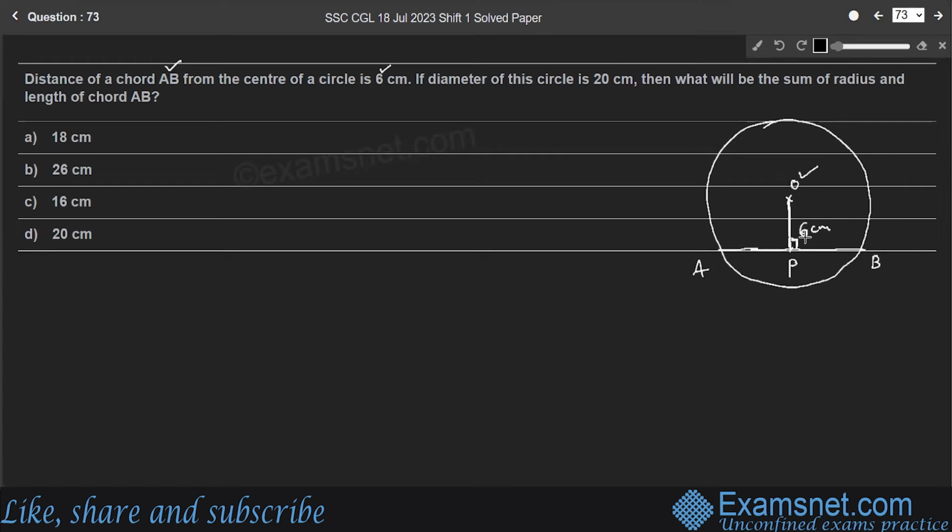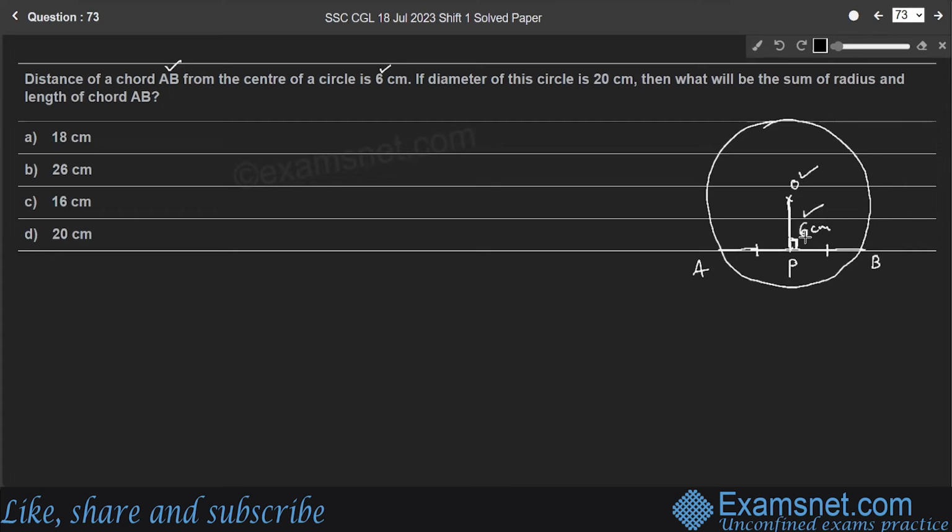This shortest distance is the perpendicular bisector of the chord. Therefore, the angle formed at P is 90 degrees. Since it bisects the chord, bisection means it divides the chord equally, so PB is equal to AP.